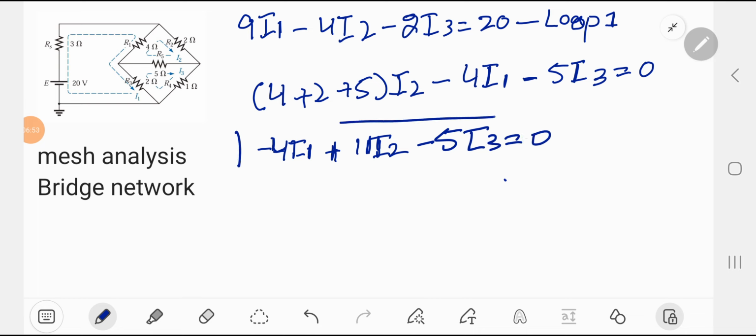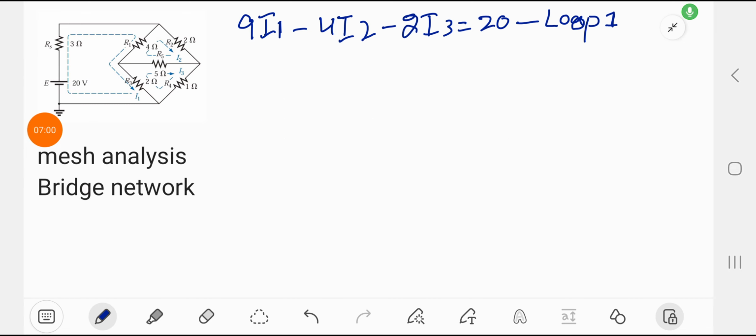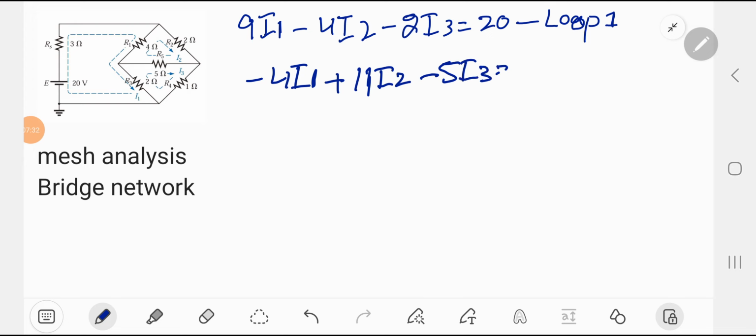So this is the final equation for loop 2: minus 4I1 plus 11I2 minus 5I3 is equal to 0.